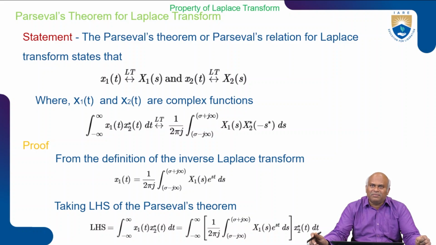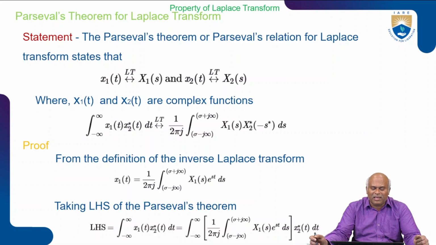The Parseval theorem, or Parseval relation, of the Laplace transform states that x1 of t has Laplace transform x1 of s, and x2 of t has Laplace transform x2 of s, where x1 and x2 are complex functions.